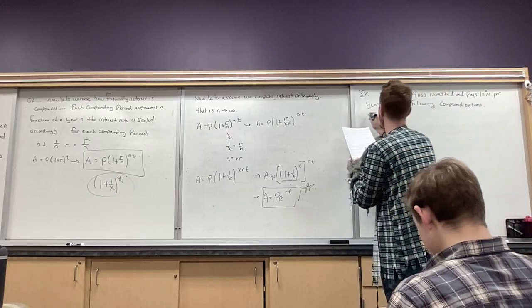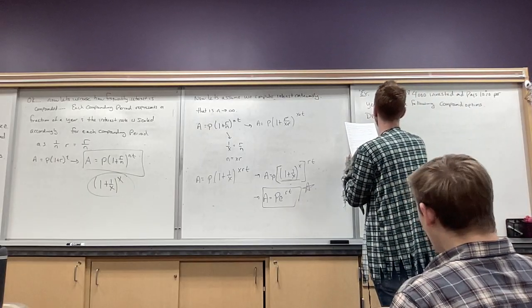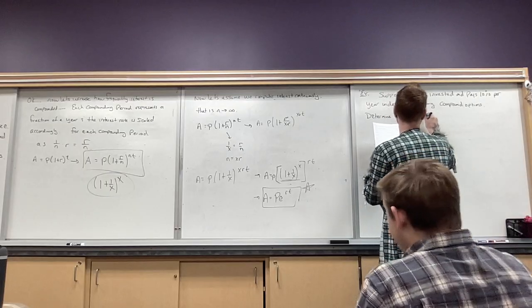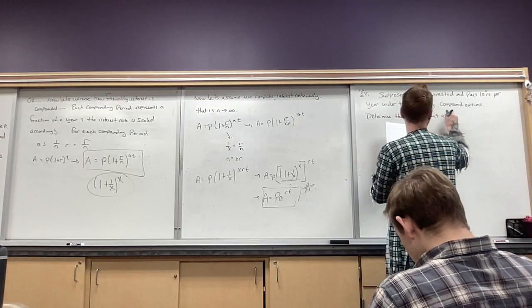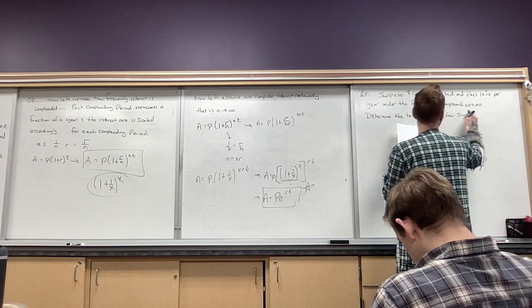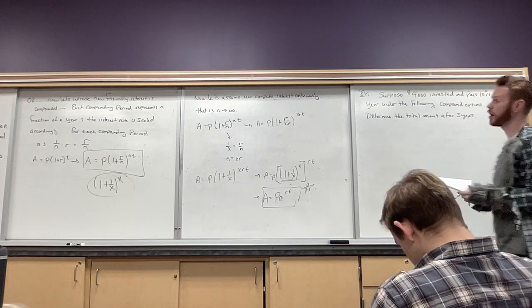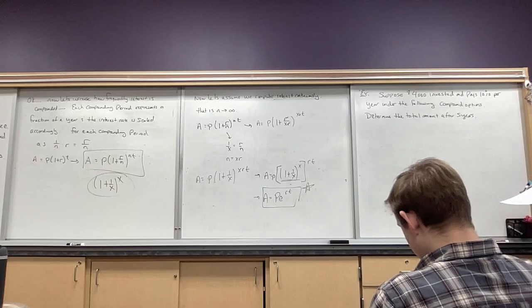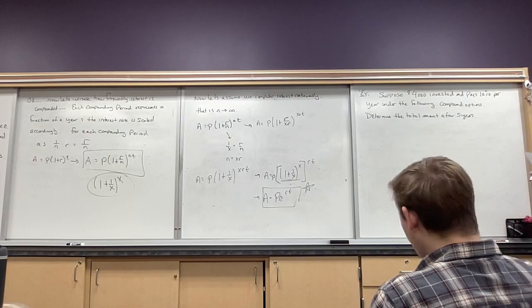Okay, and what we're going to do is we're going to determine the total amount after 5 years. Okay, so we're going to compound it annually, quarterly, and then continuously. And after 5 years, we're going to see which one has the most money.